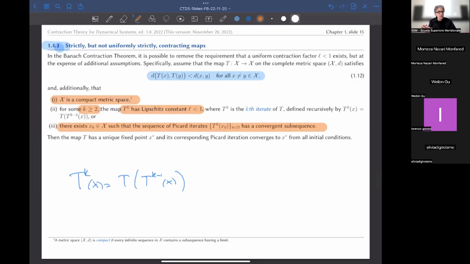All right, so you need to think about it a little bit. So I need to find one initial condition, I construct the sequence, maybe the sequence is oscillating, but it does have a convergent subsequence. If it does, then you're done. That's sufficient. All right.